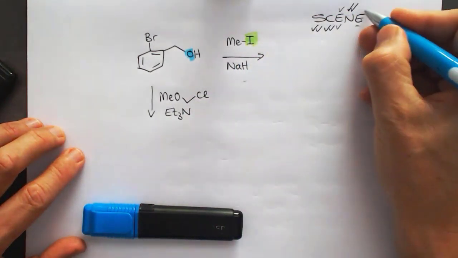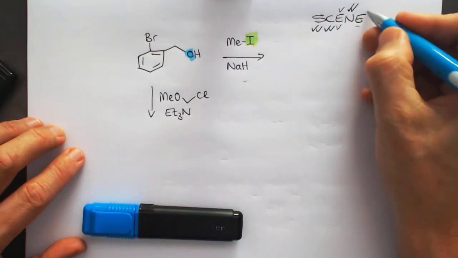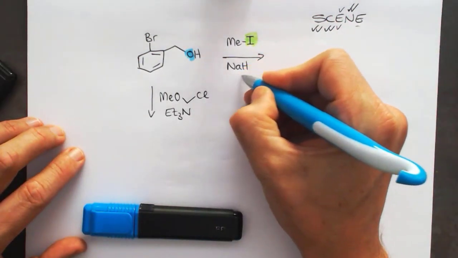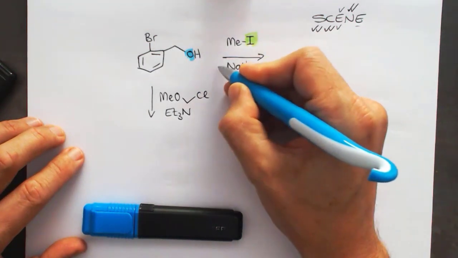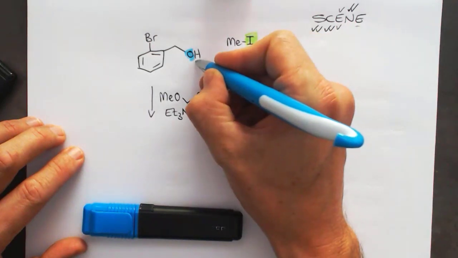However, and this is where we'll see this next part, which I'll introduce after these two examples, the environment is an important thing to look at, because what we have here is a very strong base in the form of sodium hydride. And sodium hydride is going to absolutely react with this alcohol.